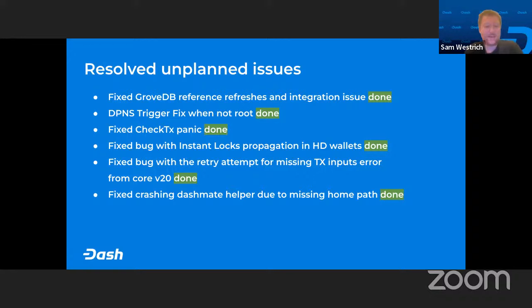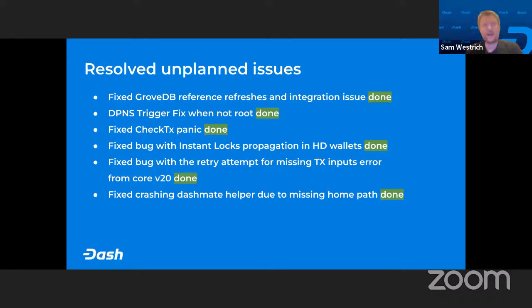Must have updated. So one issue that Wisdom and I had realized was that we had an issue with GroveDB references in a specific, well, not super rare situation, and it was causing a lot of problems with proofs. We wrote a test for it.